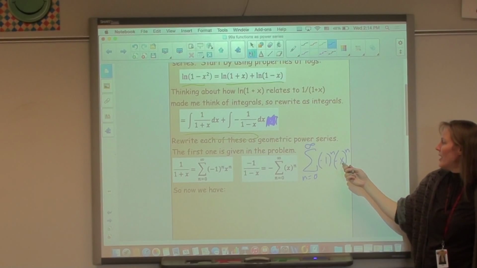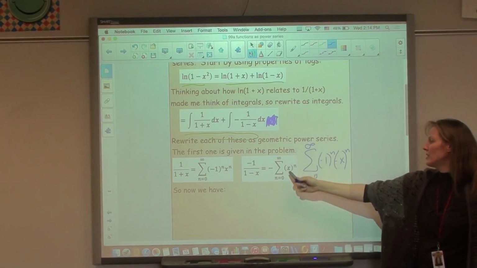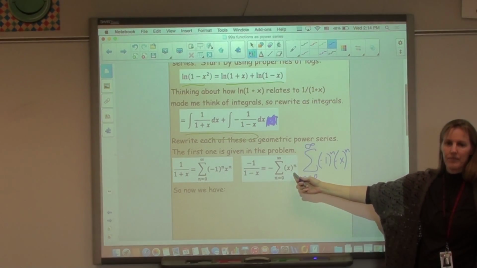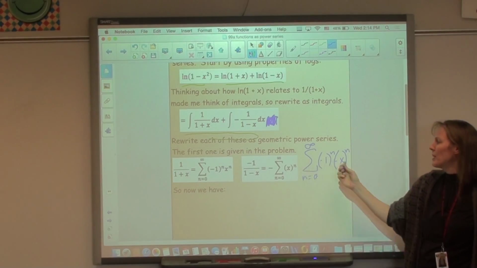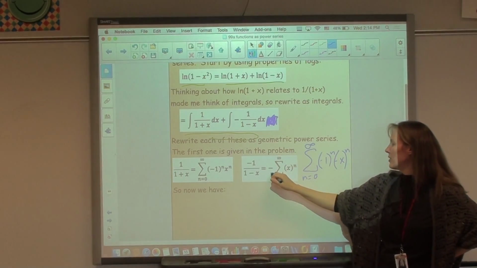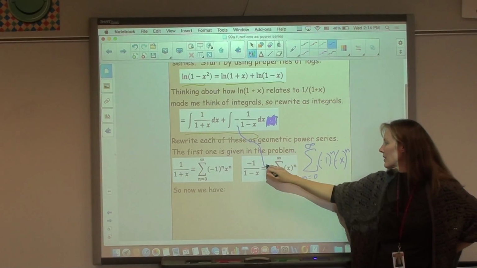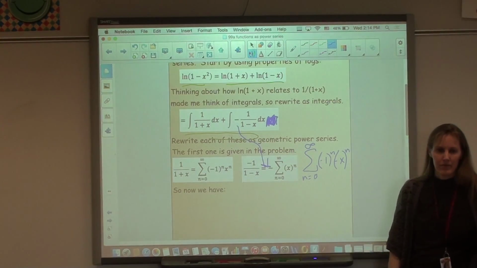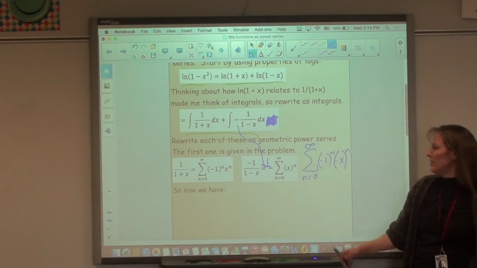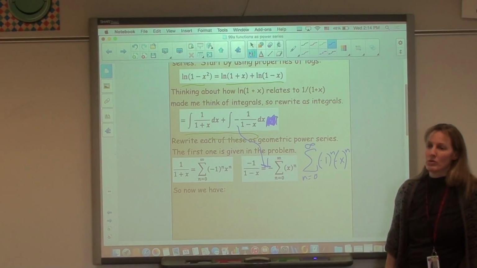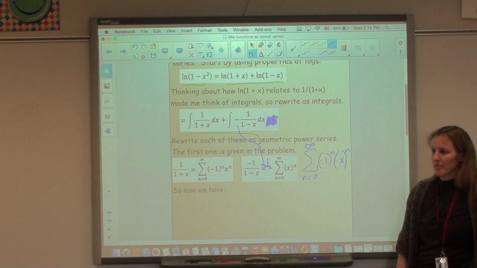Negative 1 to the n times negative x to the n is just x to the n. I'm not pulling a negative 1 out. Why is this negative here? It's because of that guy, right? Negative 1 times negative x just equals x. Tell me if you're with me or not.